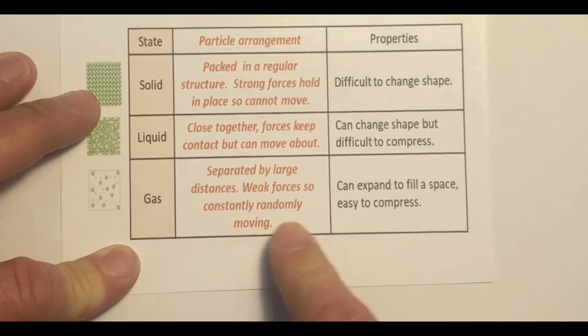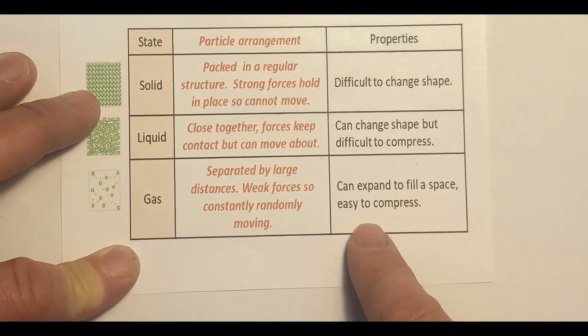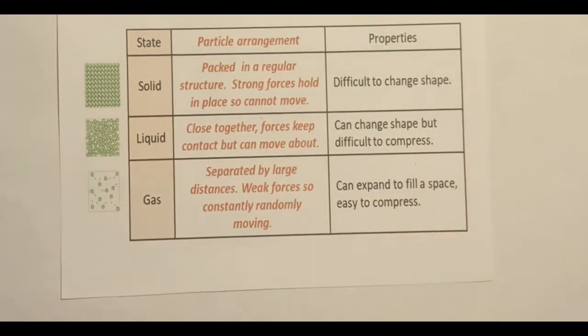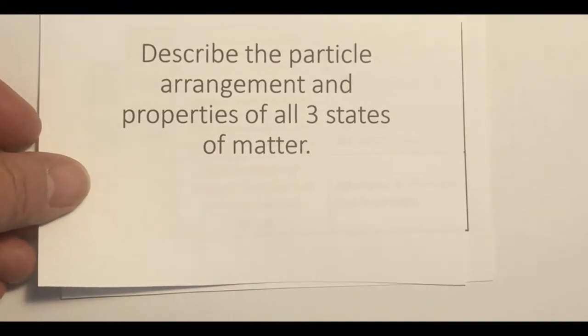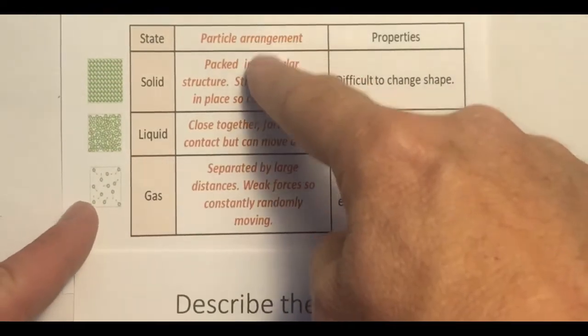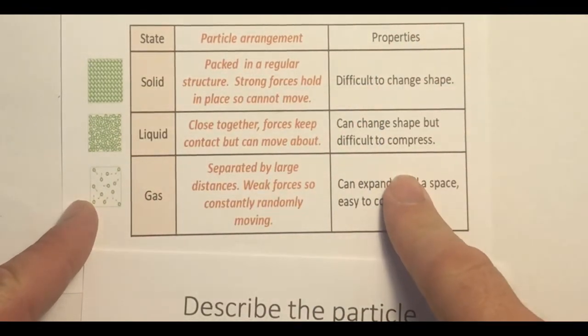A property of gases is the fact that they can expand to fill a space and they are easy to compress. So back to the question: describe the particle arrangement and properties of all three states of matter. Particle arrangement, three states of matter, properties.